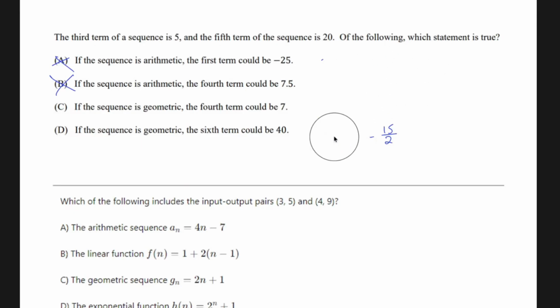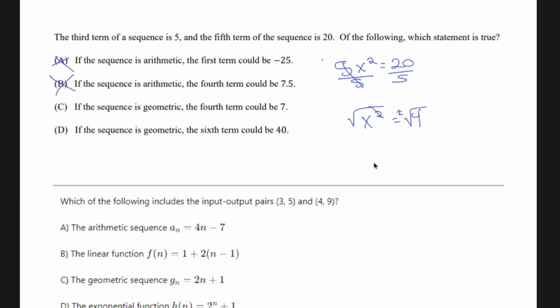Now, if I wanted to do this, since I have the third and fifth terms, I'm thinking 5 times what, so 5x squared has got to equal 20. Okay, so divide everything by 5, x squared equals 4, square root it, don't forget your positive or negative, and x could equal positive or negative 2.